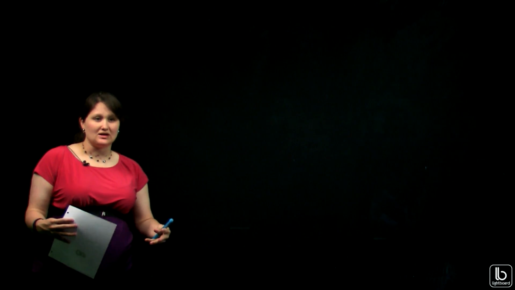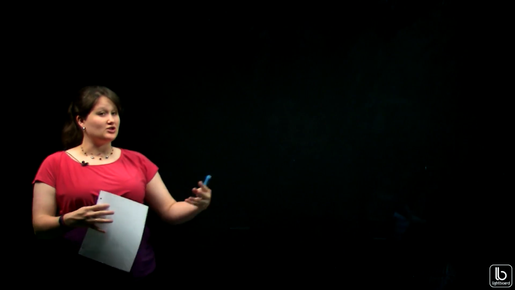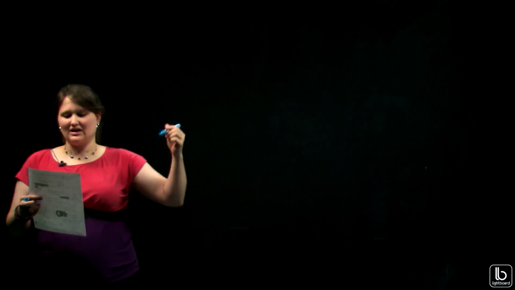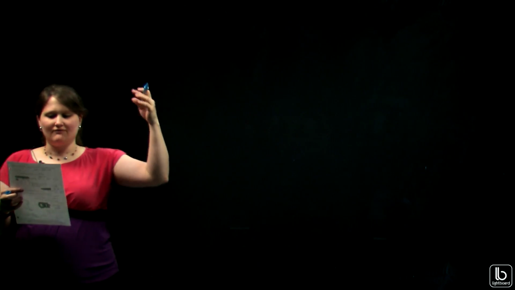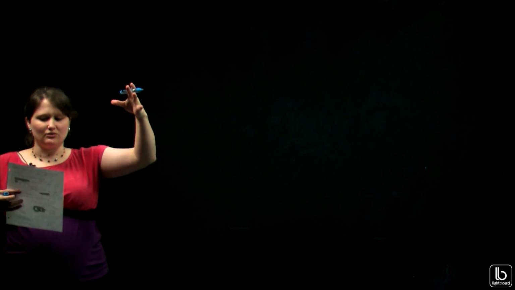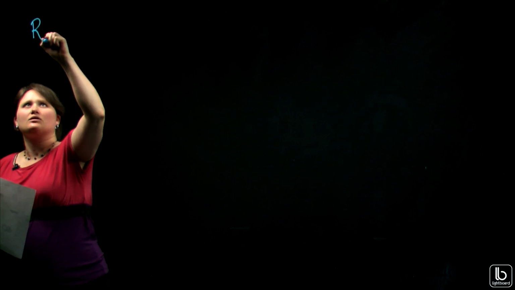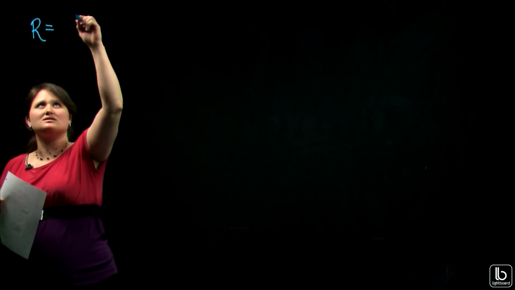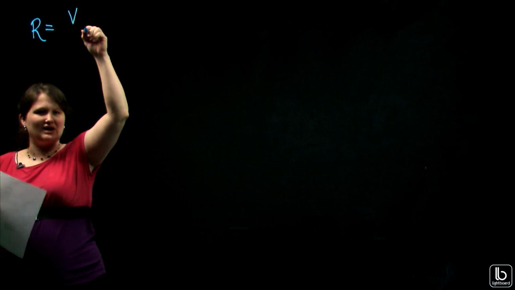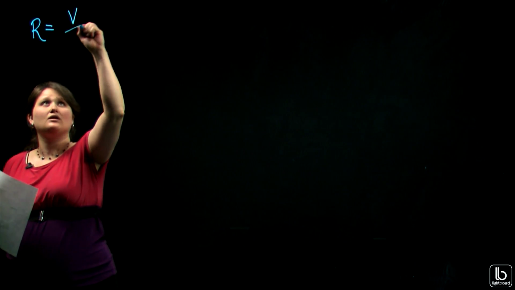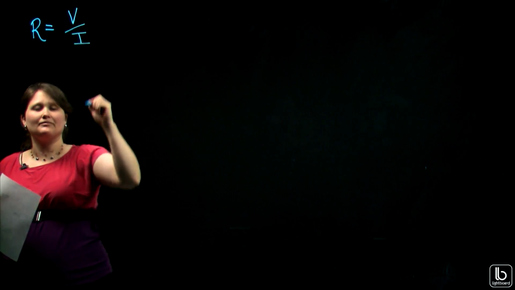So another way to define resistance in terms of voltage and current is we can say it's the ratio of voltage drop to the current across a resistor load. So in other words, resistance is how much voltage drop we get at a given component for a given amount of current.